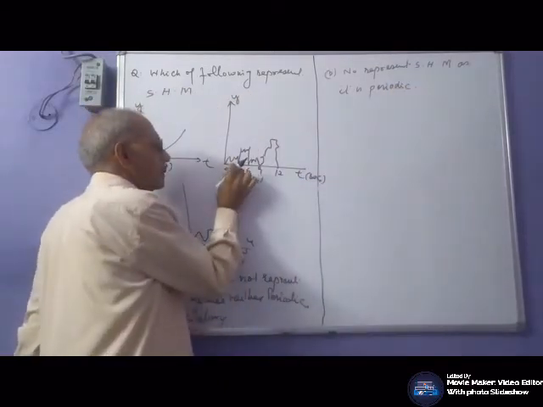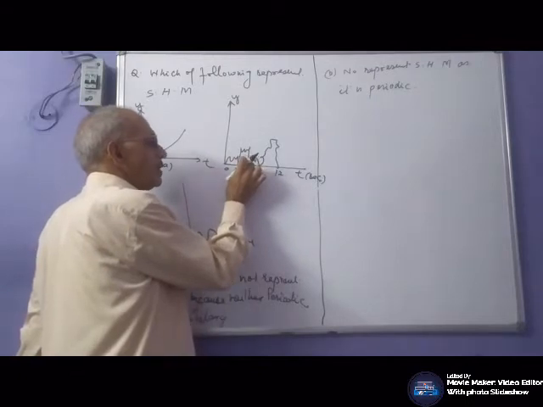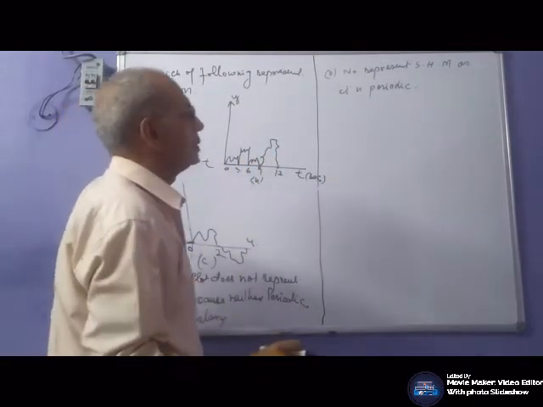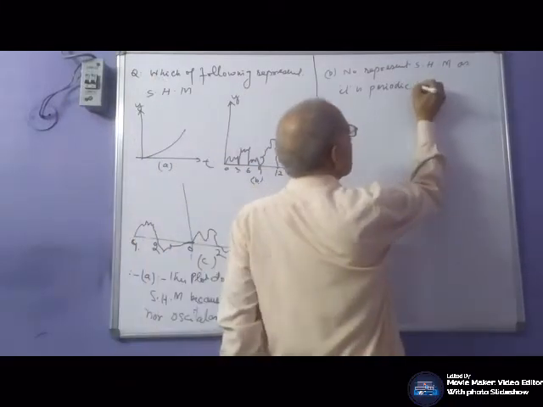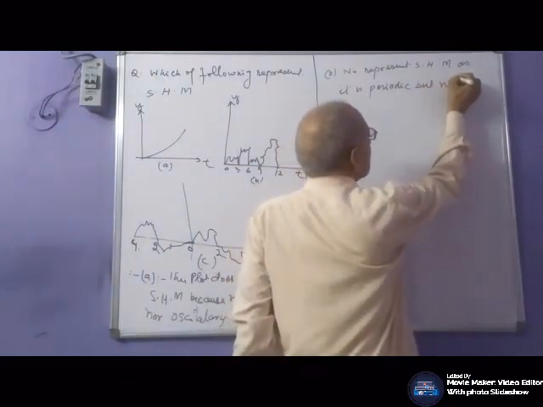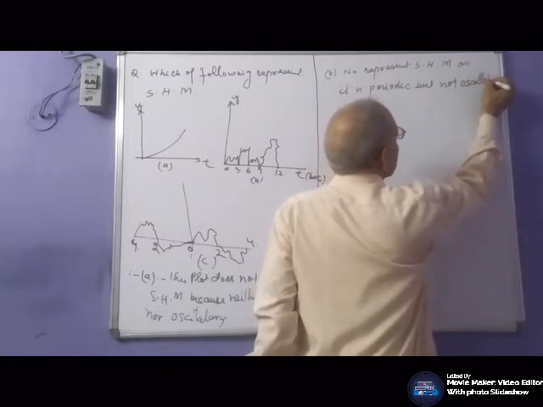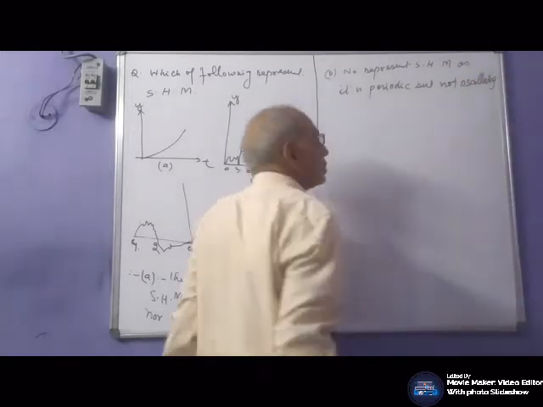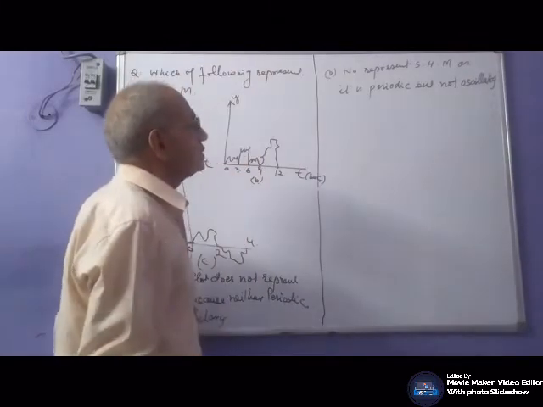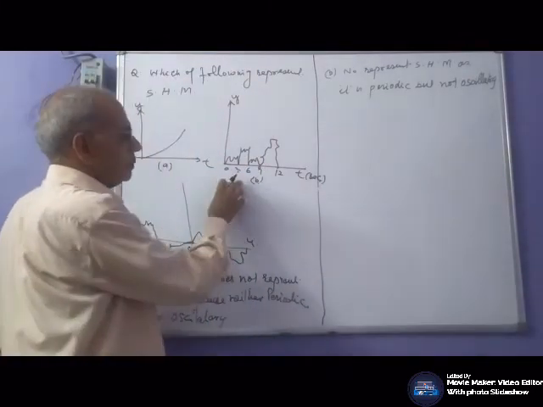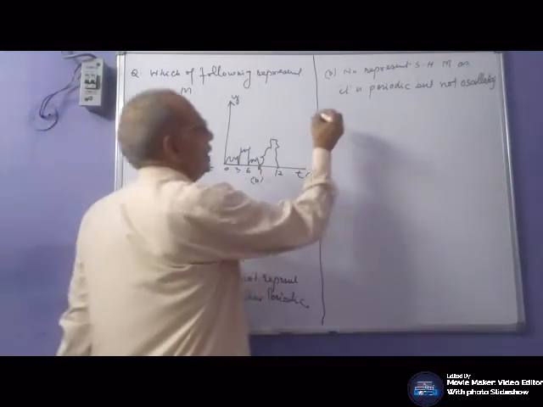Every 3 seconds it repeats, but it is not oscillatory. Both conditions should be satisfied, periodic plus oscillatory. So it is periodic but not oscillatory.